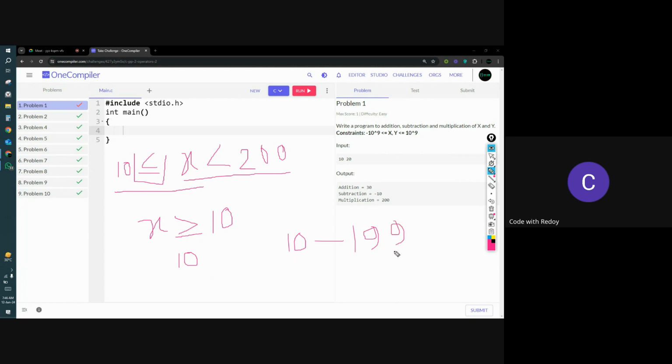So your values for x can be 10 to 199. That means x greater than or equal to 10. The value of x can be 10 and can also be greater than 10, like 11, 12, but less than 199. Okay, yes.